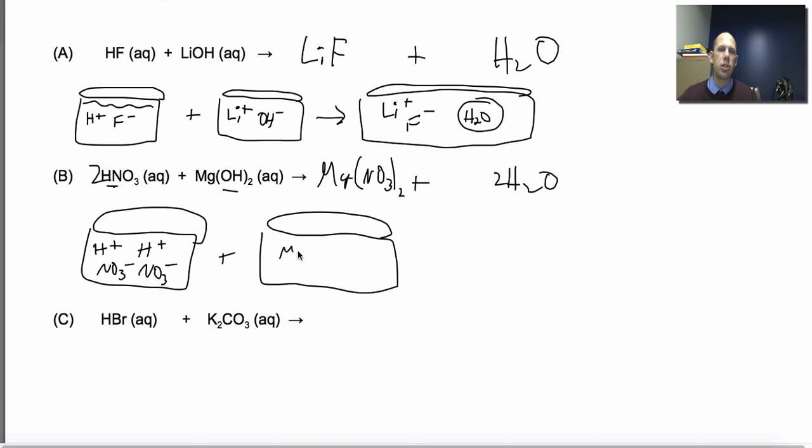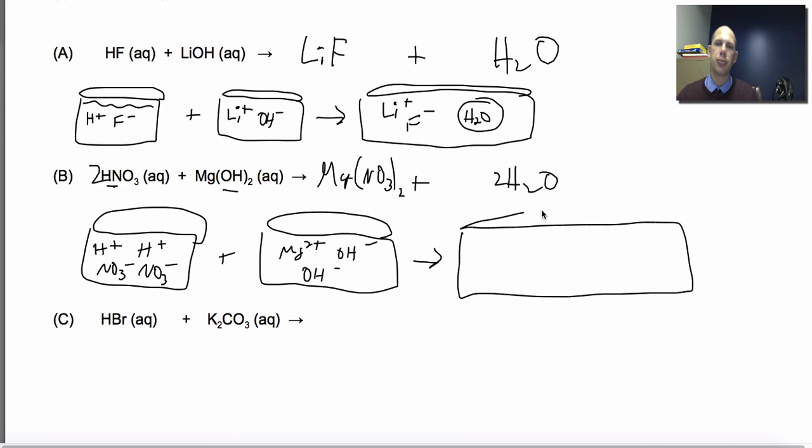Here I have 1 Mg2 plus, but that's going to require 2 OH minuses. This is a proportion, by the way. So if we had 50 Mg2 pluses, there would be 25 OH minuses and vice versa. So again, here I have 1 Mg2 plus and the NO3 minuses. Then I have these 2 waters.